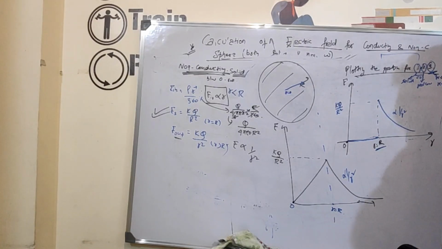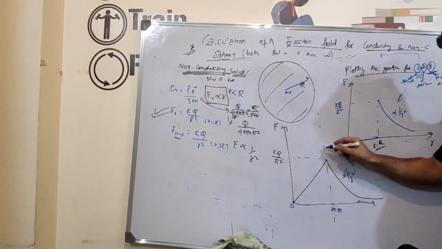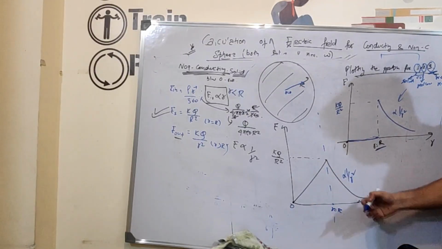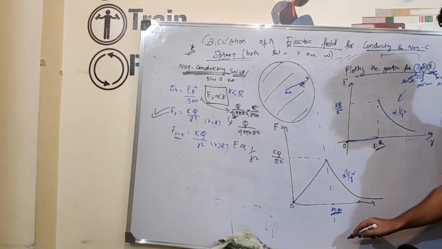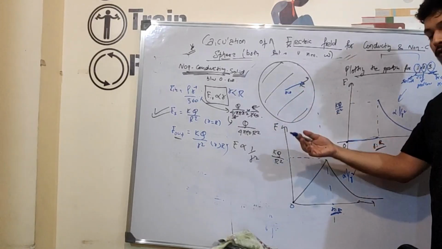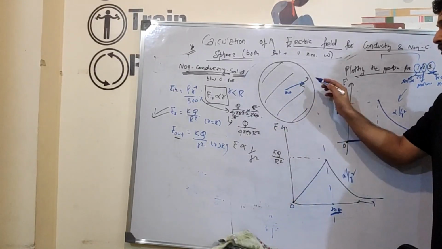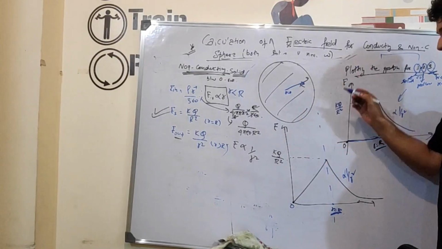So all three will be having this variation. Only this one will be having this variation, and even in that, after the r equal to R value, when you look at the value of electric field from the surface towards infinity, it will be the same.